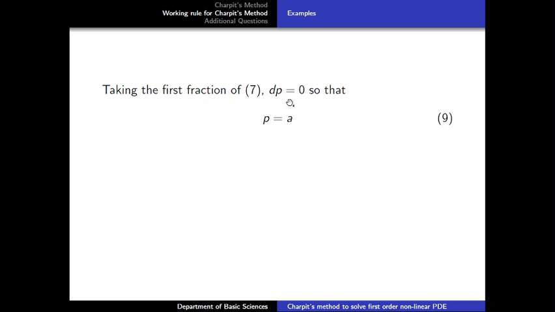Now it is possible to integrate with respect to p on both sides. The integral on the left becomes p and the integral on the right becomes an arbitrary constant, say a. That is, we get p equal to a, where a is an arbitrary constant.